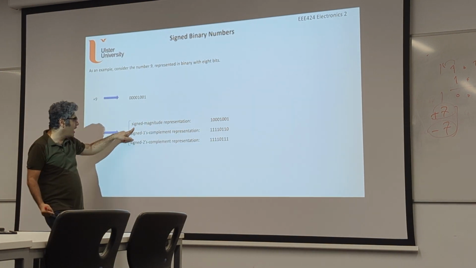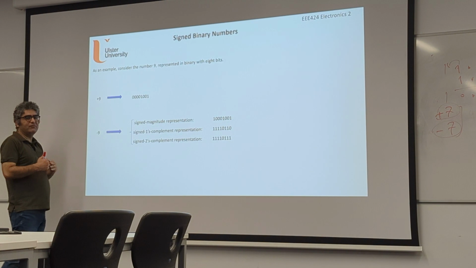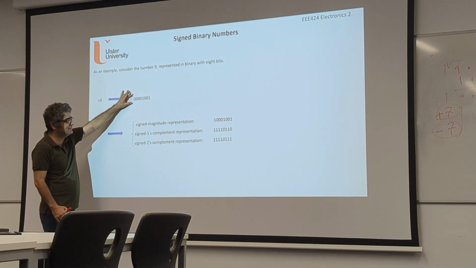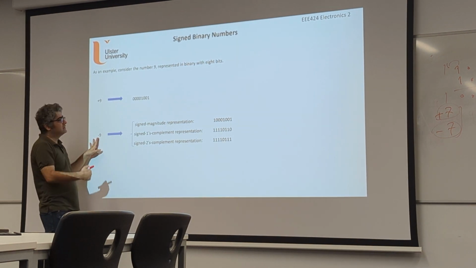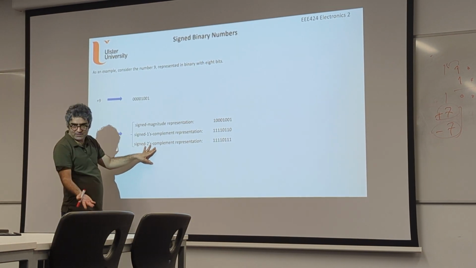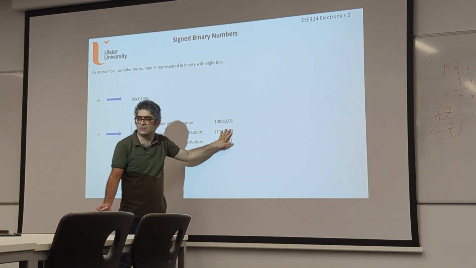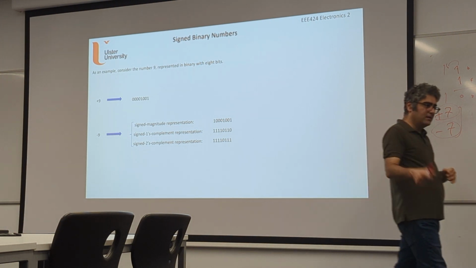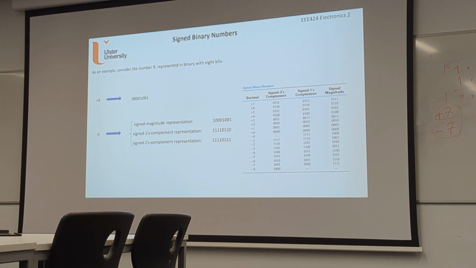Okay? It's a sign magnitude representation. But with the 1's complement, when we use the 1's complement as minus 9, we have 9 as this. We use the first complement only to show that as a minus 9. Sometimes we can use the 2's complement of that as minus 9. When we find this, we add 1 to that. Okay? These are the definitions of the different systems to define the negative numbers.